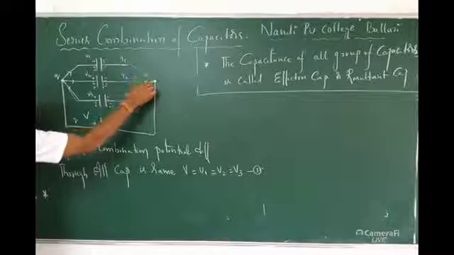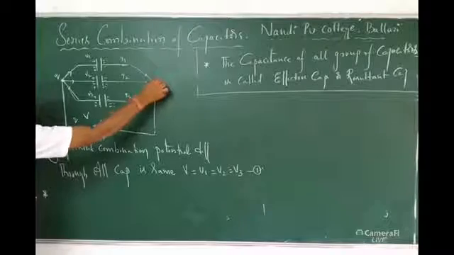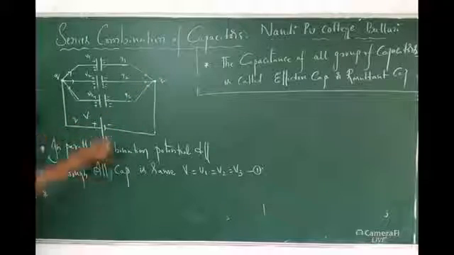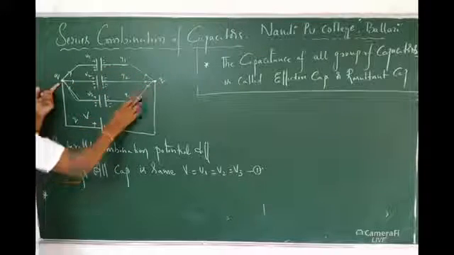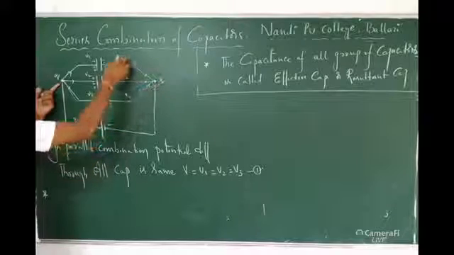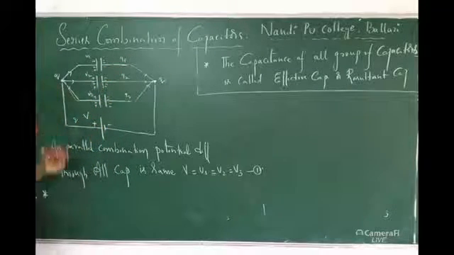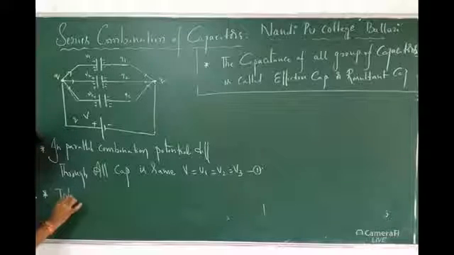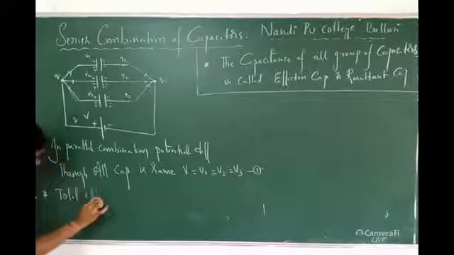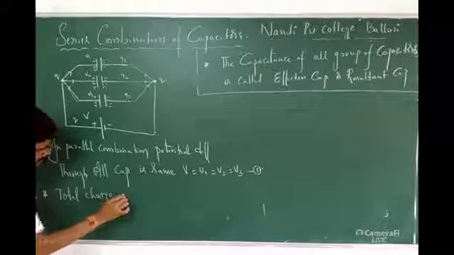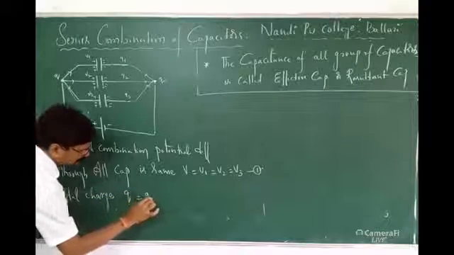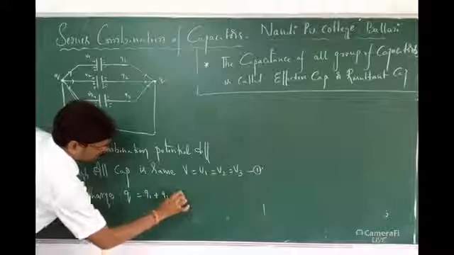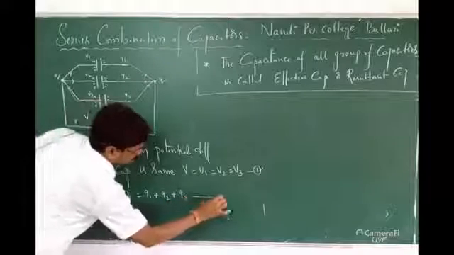Again it will come back to the same, no? Here the same charge Q will come. Means here Q, here Q, but it comes out the same. Q is equal to Q1 plus Q2 plus Q3. So the total charge Q is equal to Q1 plus Q2 plus Q3. This is equation 2.